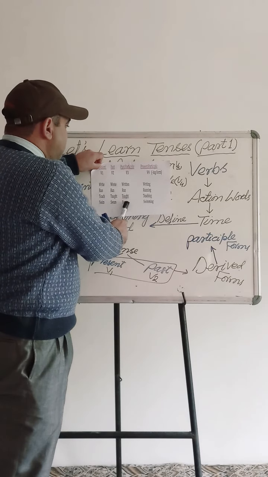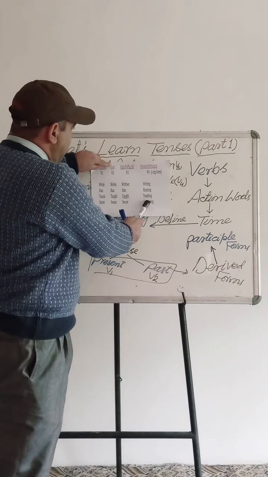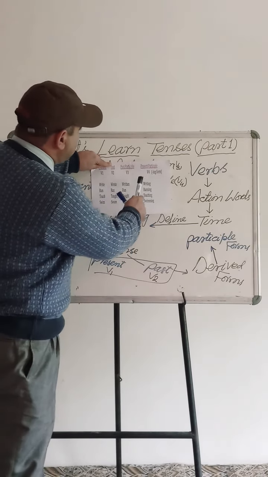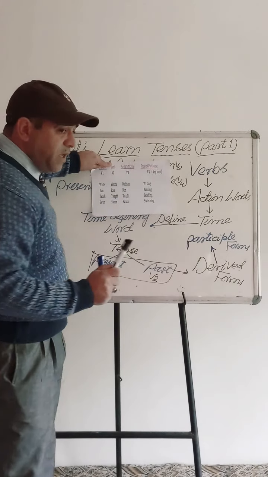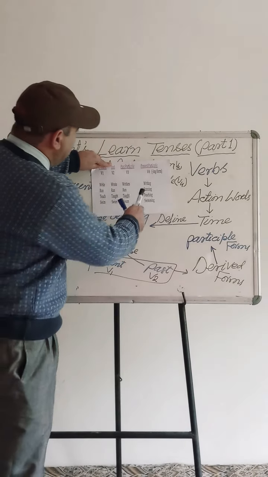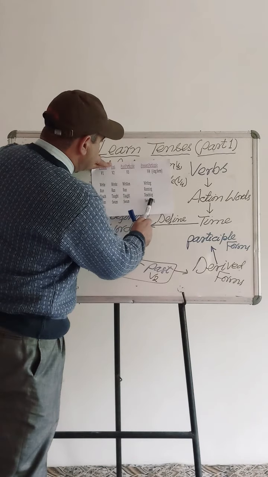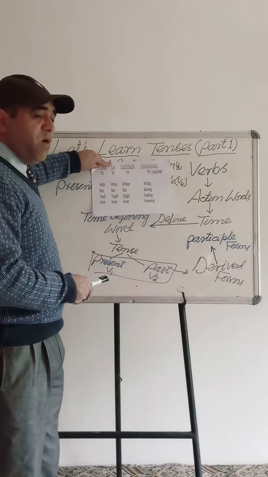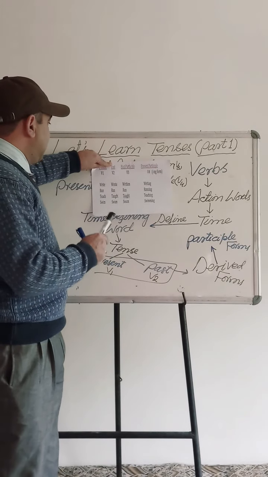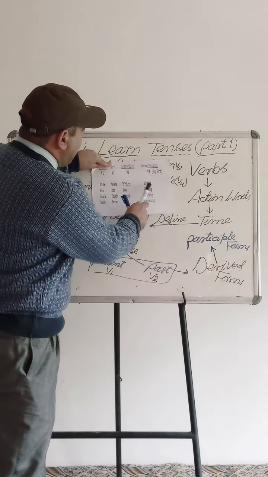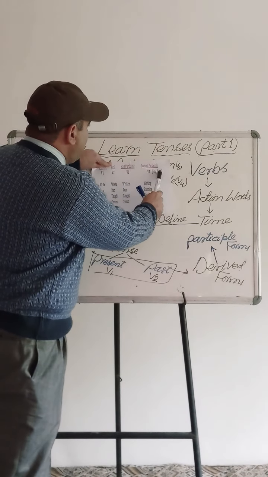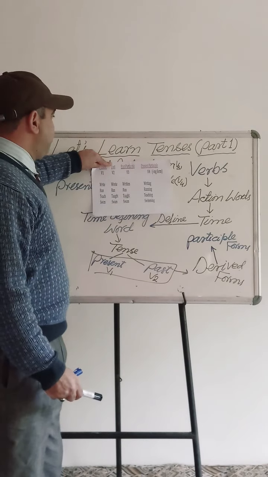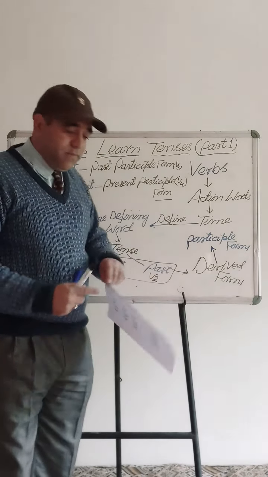Swim, swam, swum, swimming. Here we notice one thing, that the present participle form of each verb has ing at its end. That means it is formed from the present form of the verb by suffixing ing. That is why the V4 form, or present participle form, is also called the ing form of the verb.